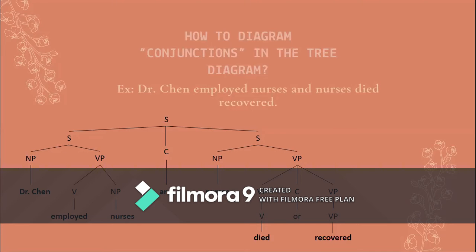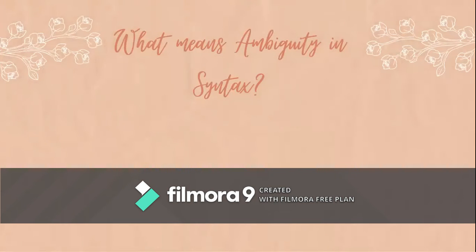Now we have the second question: what does ambiguity in syntax mean? Well, it is when you have a phrase that can be given two different interpretations, where the two interpretations differ in what grammatical categories are assigned to different parts of that phrase.